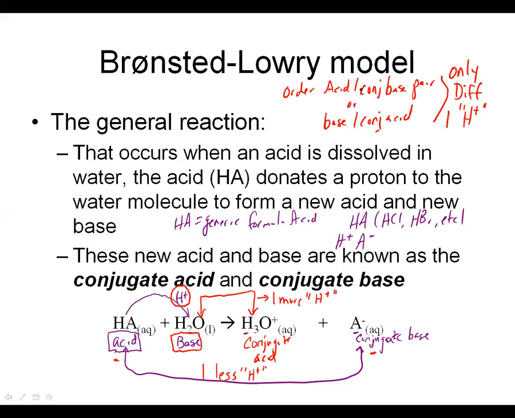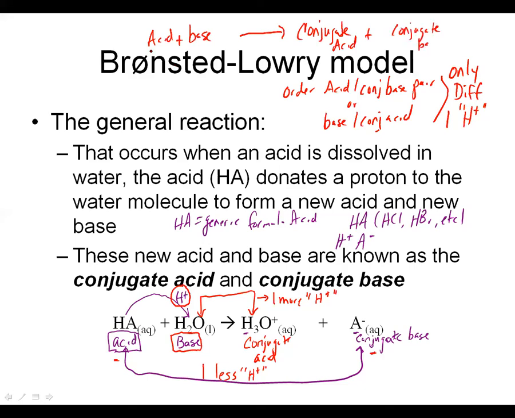And by the way, when you look at a reaction, your regular acid and base are always on the left-hand side of the arrow. And on the right-hand side of the arrow is where you find your conjugate acid and conjugate base.